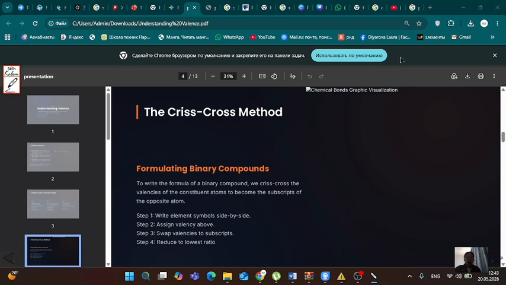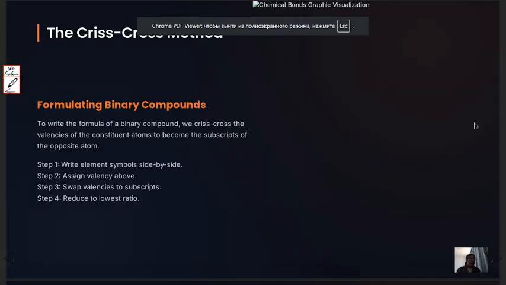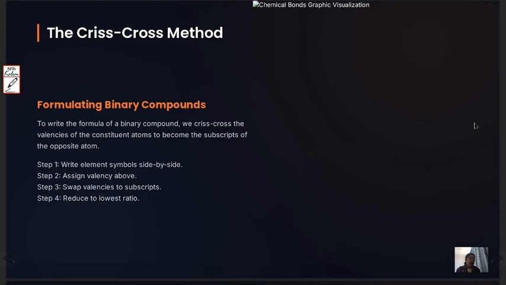Ah, here we can see it. To write the formula of a binary compound, we swap, or crisscross, the valency of the atoms. They become the subscripts of the opposite atom.